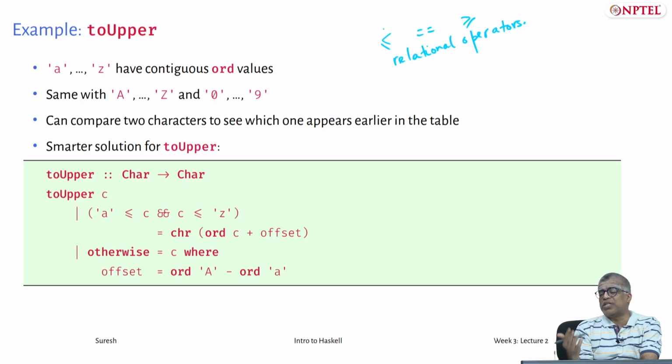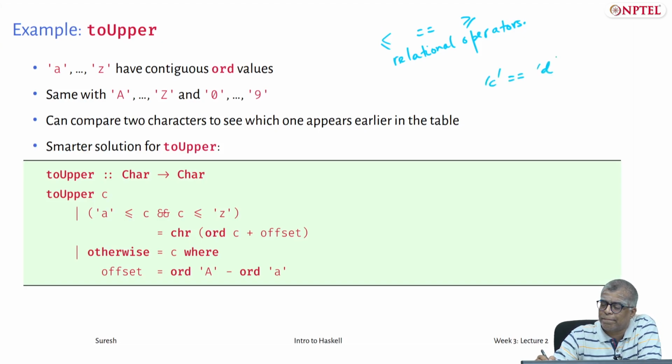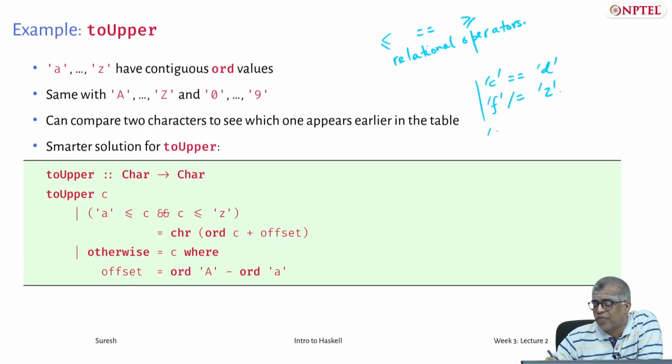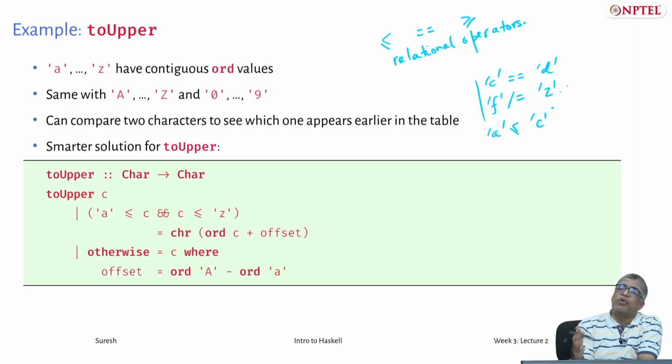We know that equality check is applicable on numbers, but also on other values. So I can check whether C is the same as D, or F is not equal to Z, and so on. But what is interesting is that I can also check whether small a is less than or equal to small c, and what it means is: is a stored before c in the table of characters, that is what it means.